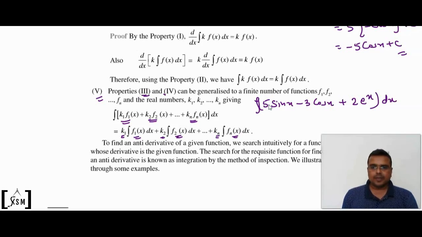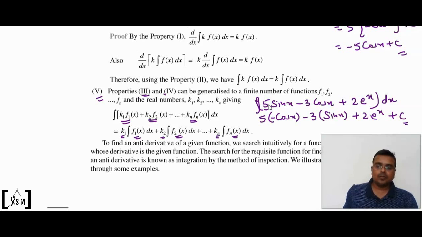So 5 is a constant. You just need to integrate sin x, which is minus cos x, and minus 3 is out, and cos x integration is sin x, plus 2 e to the power x integration is e to the power x, and plus c is my integral constant. So this is what property number 5 is explaining to you.